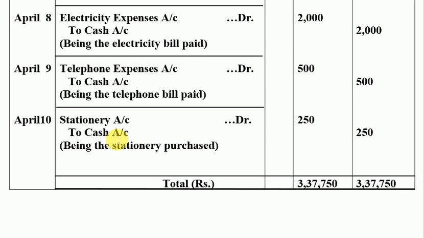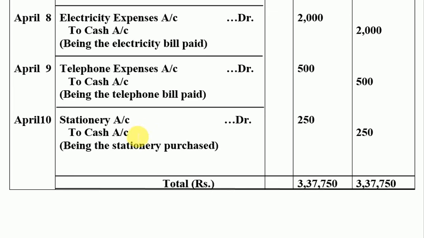Clear? And now comes the last transaction, that is purchase stationery in cash. So the entry will be stationery account debit to cash account, being stationery purchased. We are purchasing the stationery, so stationery is coming into the organization, that's why it is going to be recorded on the debit side, worth 250, and on behalf of this stationery we are paying cash, and cash is going out.